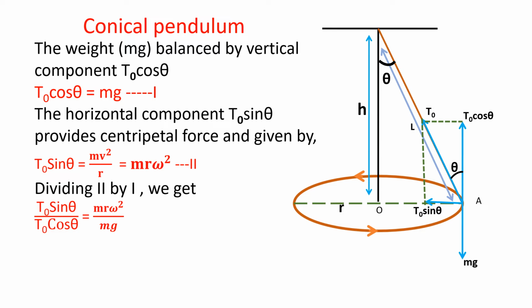Here we cancel out the T0 factor and the m factor. We can write sin theta upon cos theta is equal to r omega squared upon g. Rearranging this equation, we get omega squared is equal to g sin theta upon r cos theta.